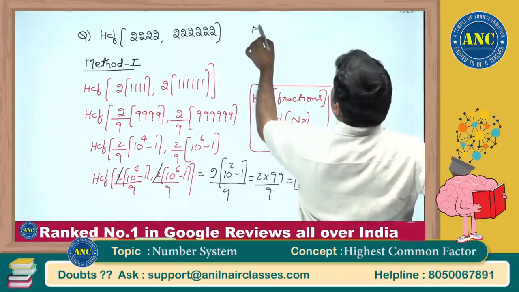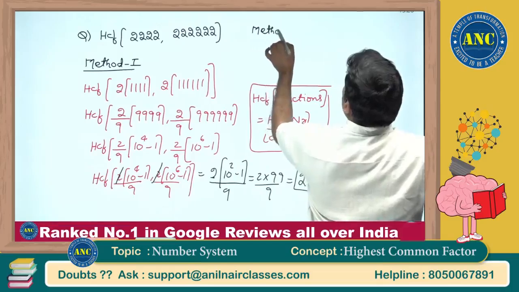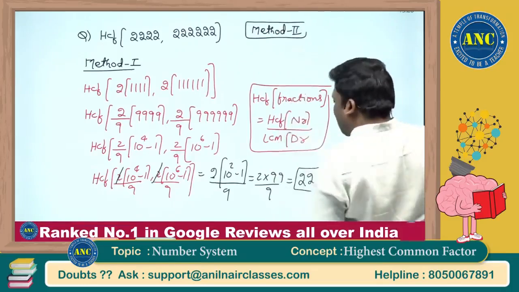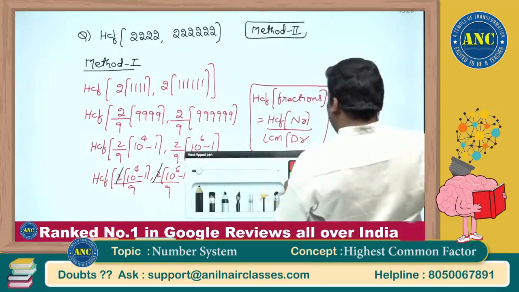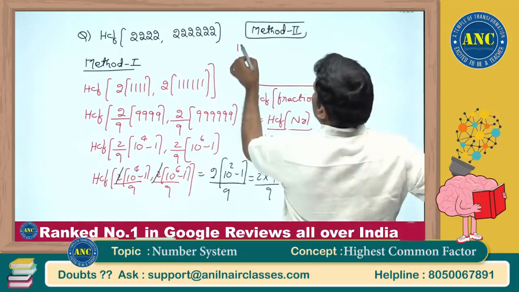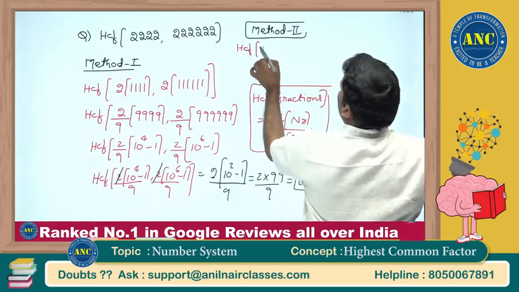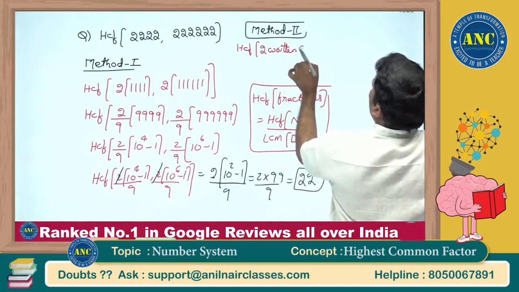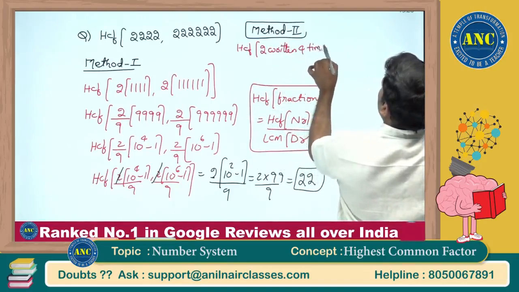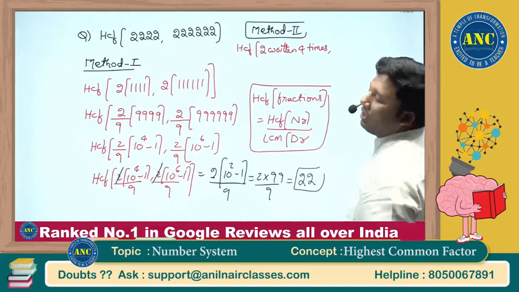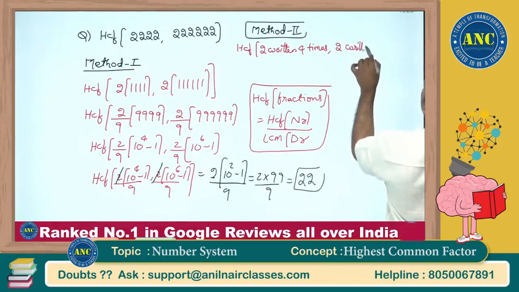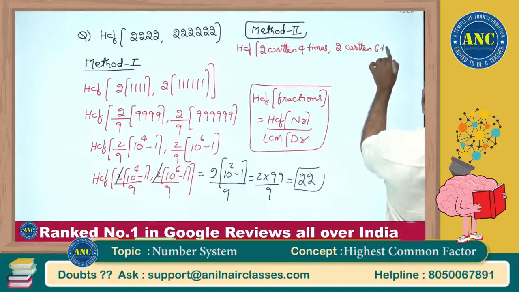Method 2. Listen carefully. Method number 2 is a very, very easy approach. It is nothing but the HCF of 2 written 4 times and 2 written 6 times.